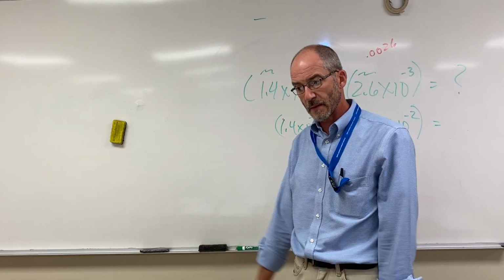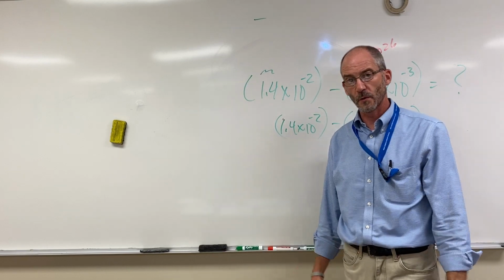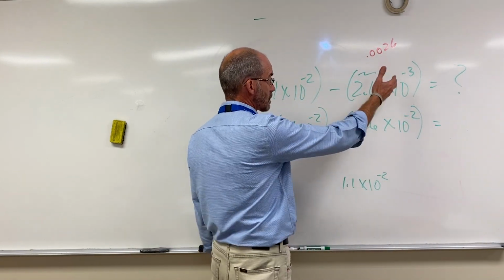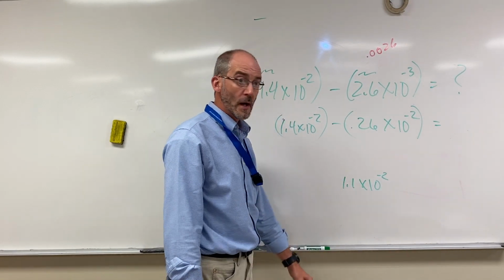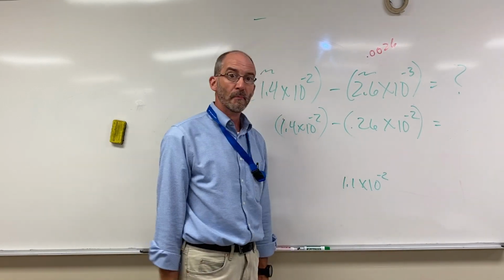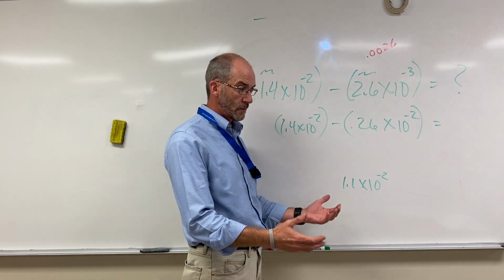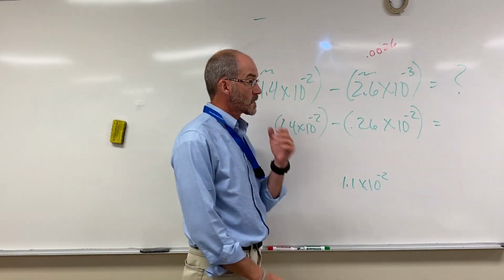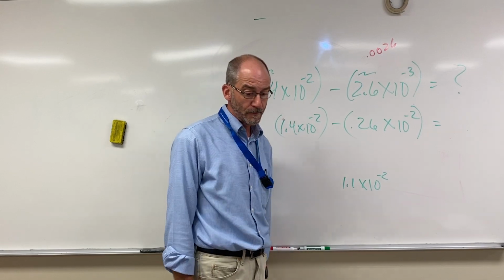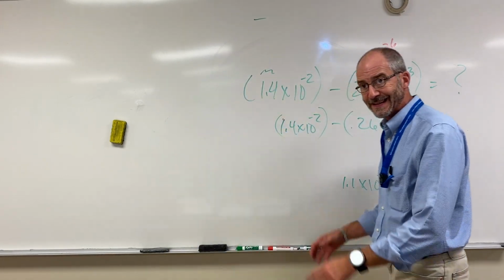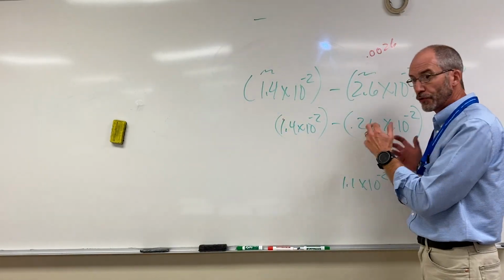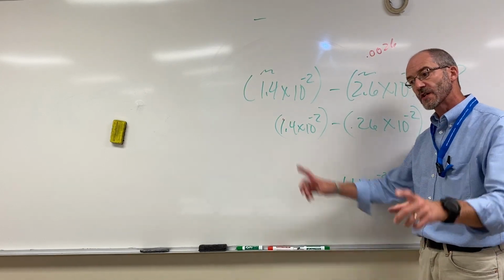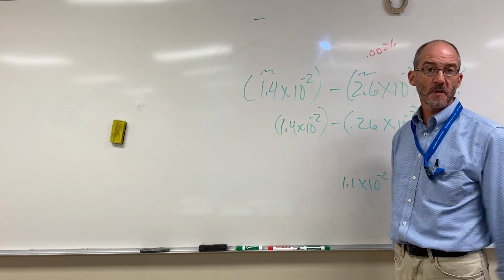I'm not sure that's the greatest wording in the world, but that's the wording I'm going to use. We changed from the smaller to the larger, okay? And then we just simply did the math. But we got the right answer by following the number of sig figs. All right? So that is how we will do a problem that involves exponents that are not the same.